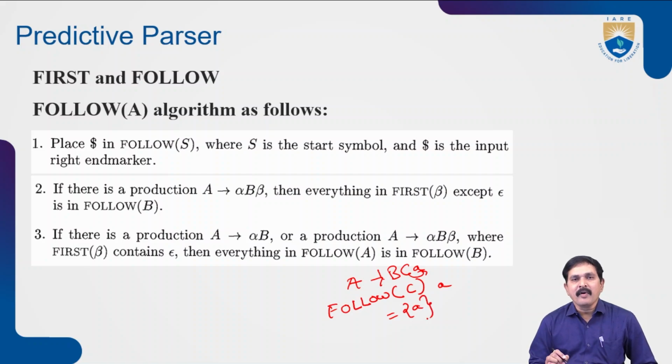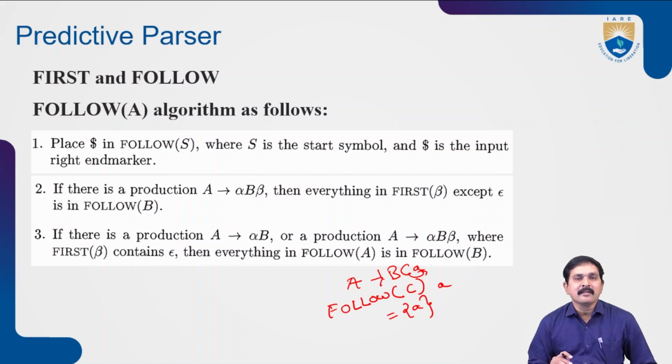So your targeting is one particular symbol for applying the follow algorithm. After that symbol, what is the next symbol? If it is a terminal, directly you can add. Suppose it is not a terminal, it is a non-terminal only, then you can go for follow of capital B equal to the first of the next non-terminal.